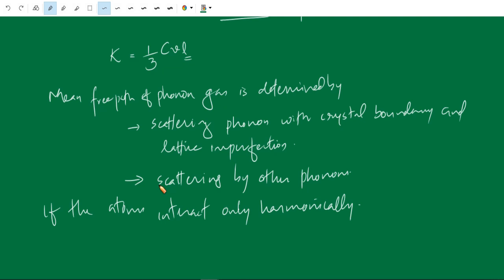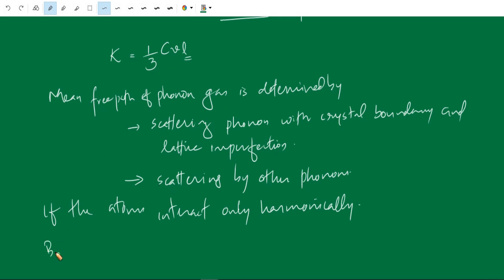So phonon may interact only with the walls of the crystal and lattice imperfection. Therefore, the mean free path is limited by only this geometrical scattering, that means the scattering by walls of the crystal and the lattice imperfection. The second type of scattering is absent because there will not be any interaction between phonons in the harmonic interaction.